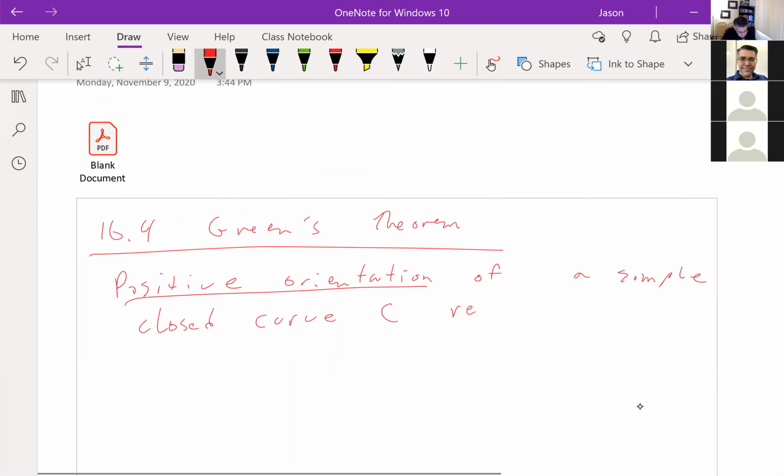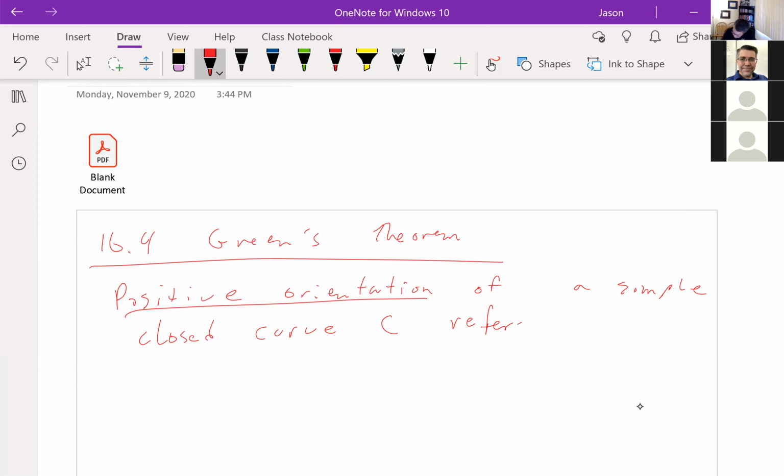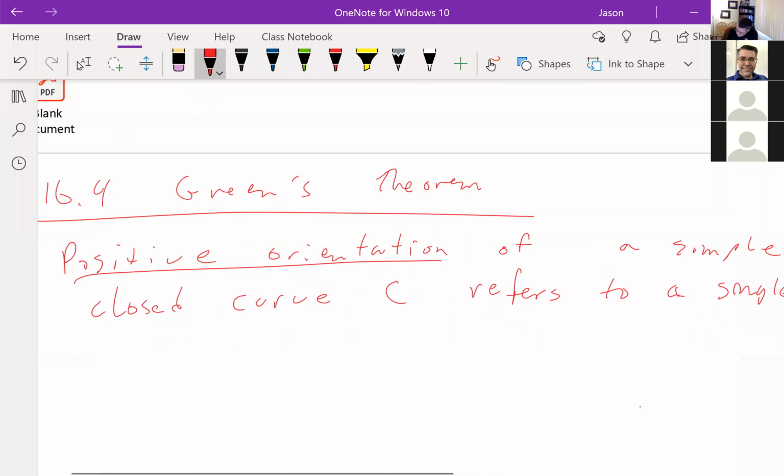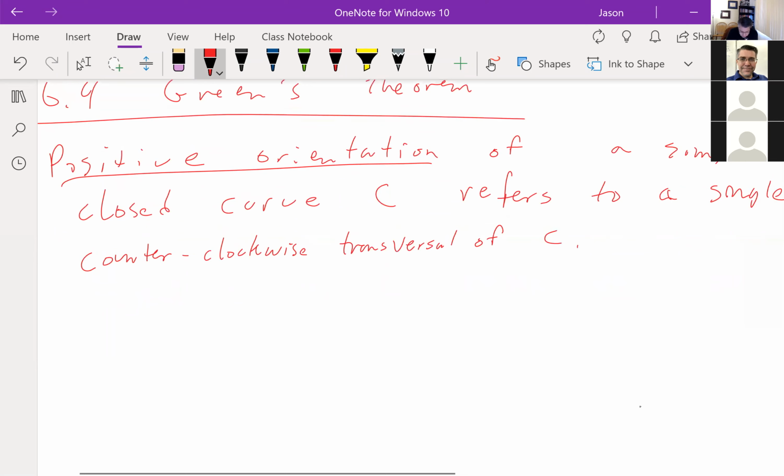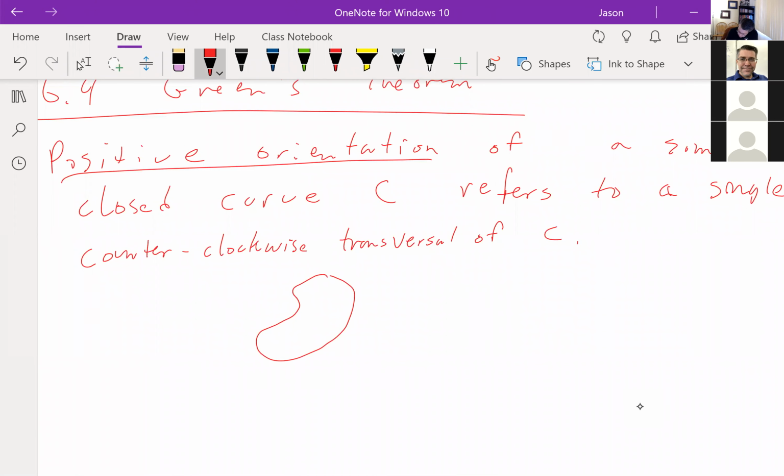Okay, it refers to a single counterclockwise traversal of C. And so let's look at our guy here.